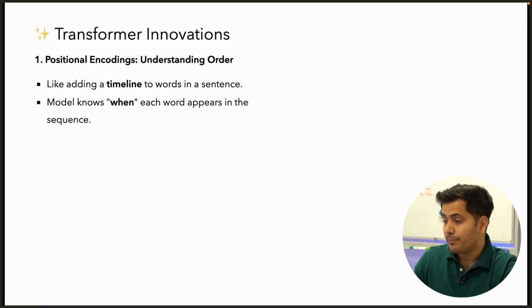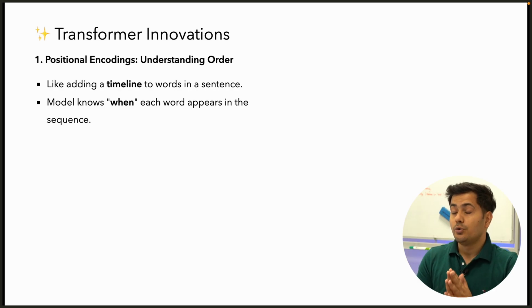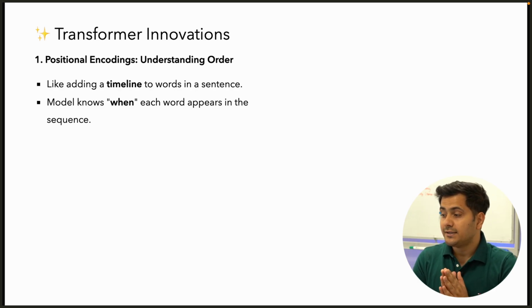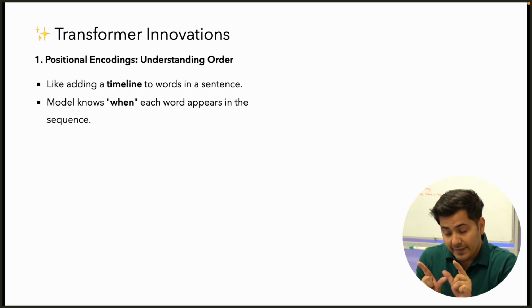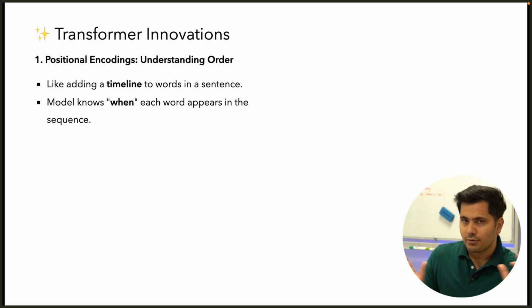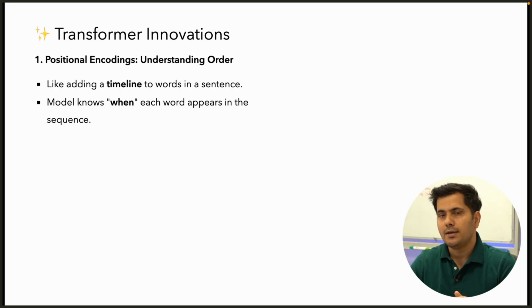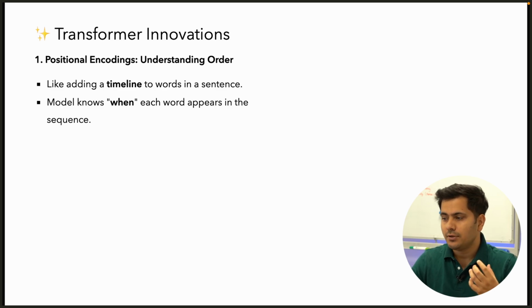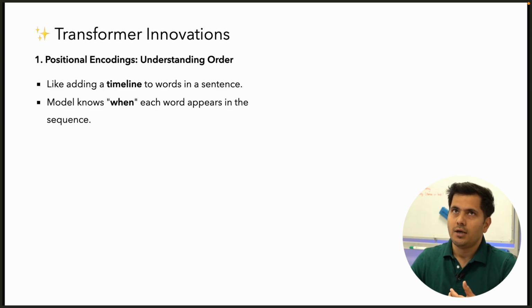So just a little bit more depth about innovations in transformers. One of them is positional encoding. So the transformer model understands not just the meaning of a text, but also where it appears in relation to other texts in the input, right? For example, when I say the words, he went to the shop and met her there.